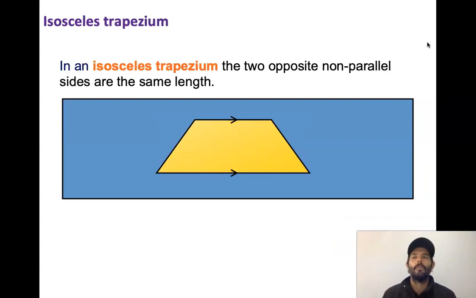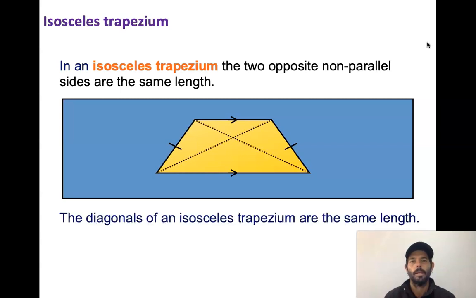So first of all, we have an isosceles trapezium. Again, two opposite non-parallel sides are the same length, and it's got one pair of parallel sides. There are your equal sides. There are the diagonals of an isosceles trapezium that are of equal length.